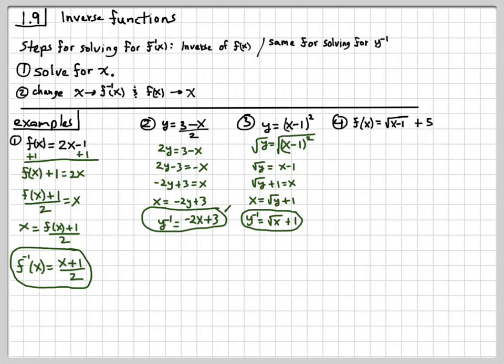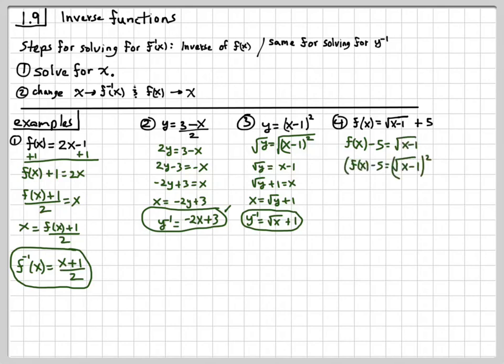In the last example, we have f of x is equal to radical x minus 1, and then plus 5. So once again, step number 1 will be to get x by itself. So I will have to subtract 5 from both sides.